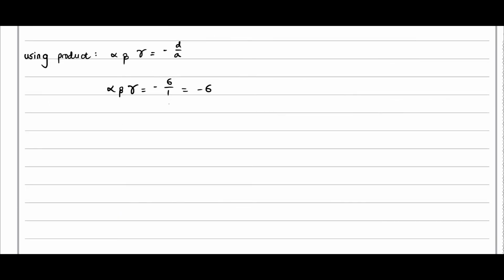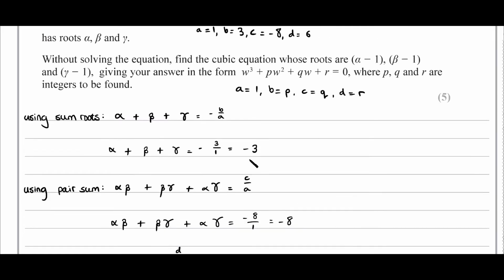If we consider the sum roots, the sum roots will be alpha minus 1 plus beta minus 1 plus gamma minus 1, and this will equal minus p over 1. And the reason it's equal to minus p over 1, same thing as before, we have minus b over 1.